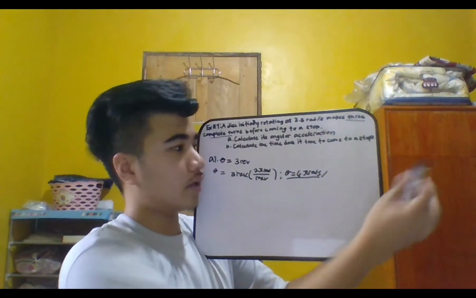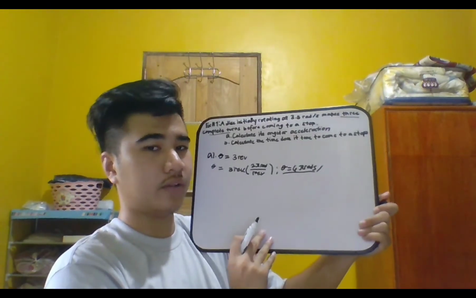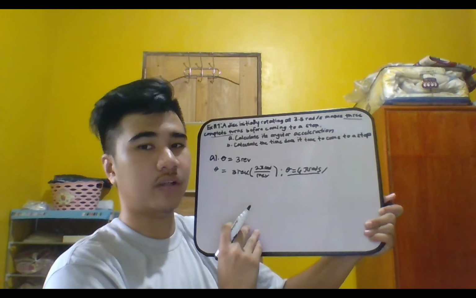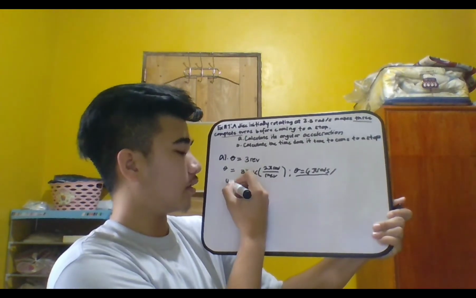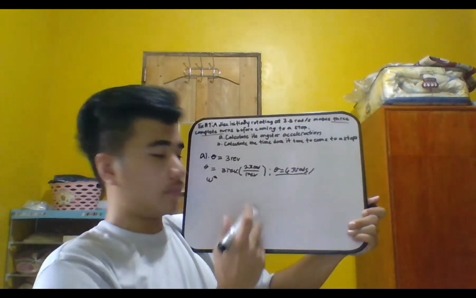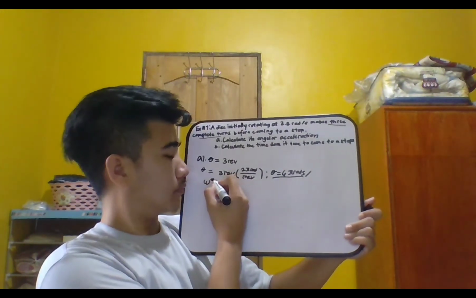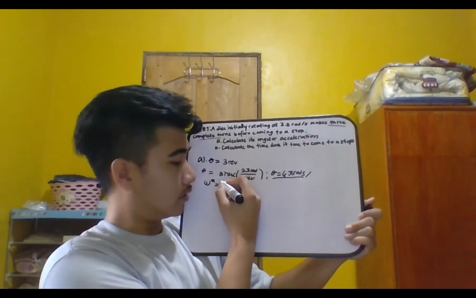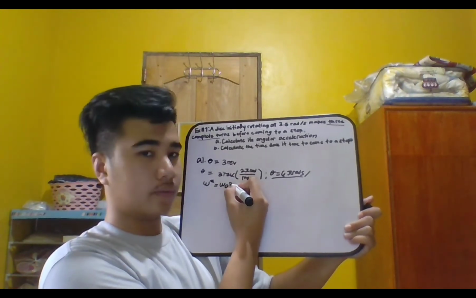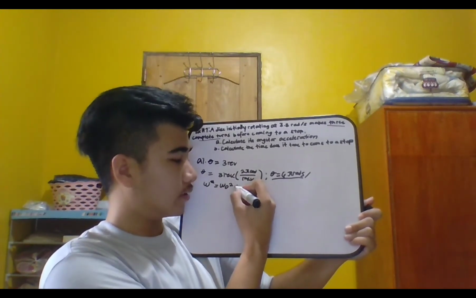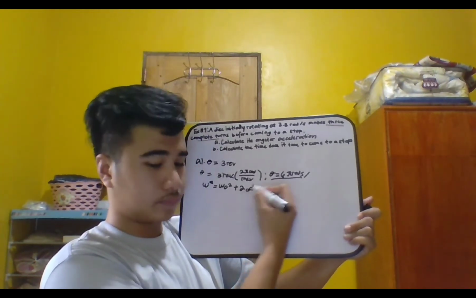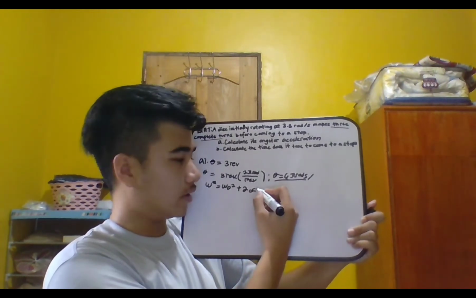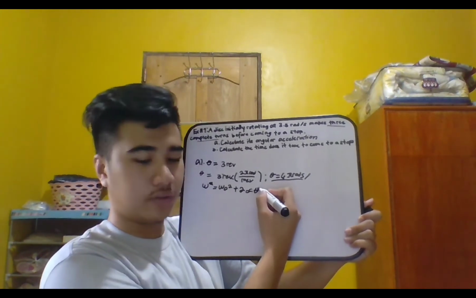To calculate the angular acceleration, gagamitin natin yung equation for the rotational motion under constant angular acceleration. So, final angular velocity squared is equal to initial velocity squared plus 2 times alpha, the angular position.